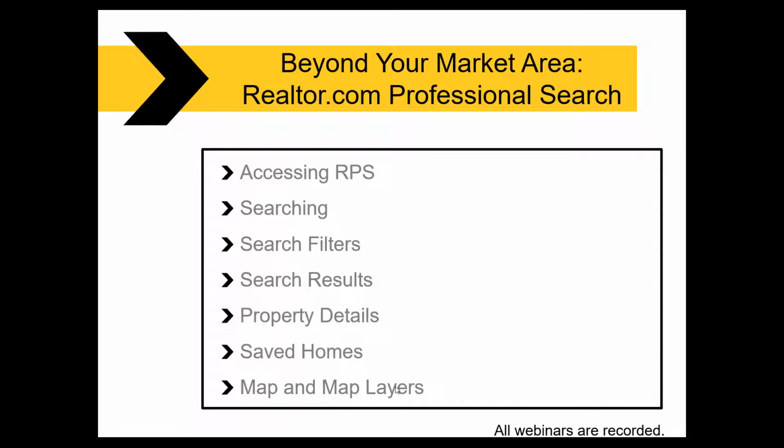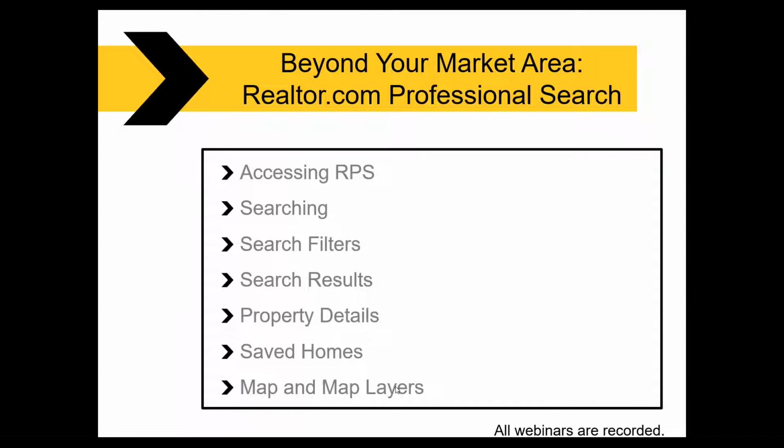Before we jump in, why would you want to use this program versus HomeSnap or our main MLS system, Prospector Plus? Well, Realtor.com is a nationwide program, and it's serviced by MLSs as well as county records.